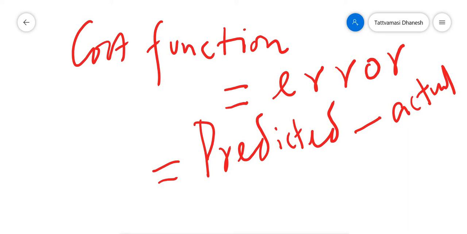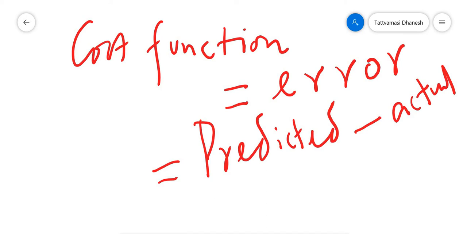If the predicted value is less than the actual value, it can be negative. If it is greater than the actual value, it can be positive. When you add positive and negative, you can get a different answer. You won't get the correct answer. When you square it, everything becomes positive and you will get a proper value. That's the reason we go for mean squared error, root mean squared error, mean absolute error, squared error.